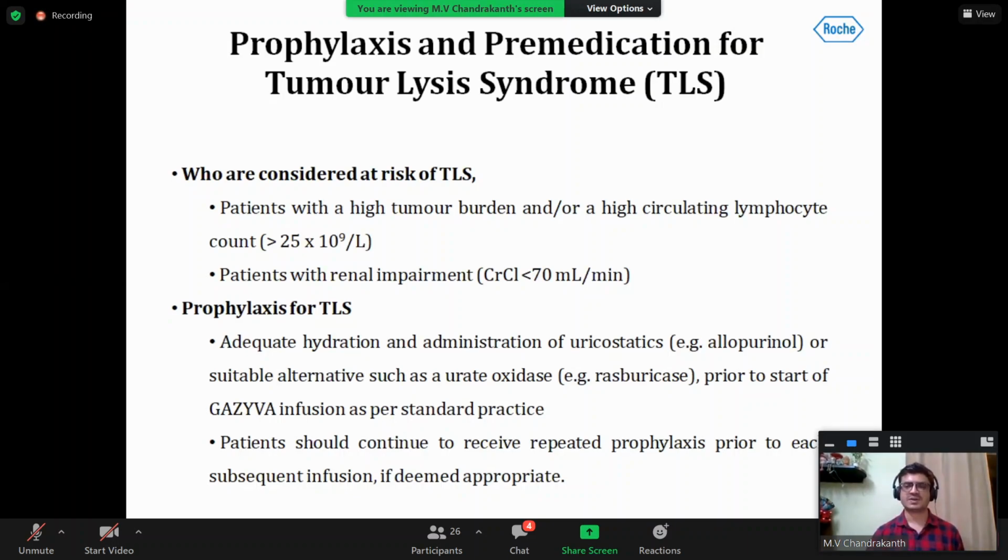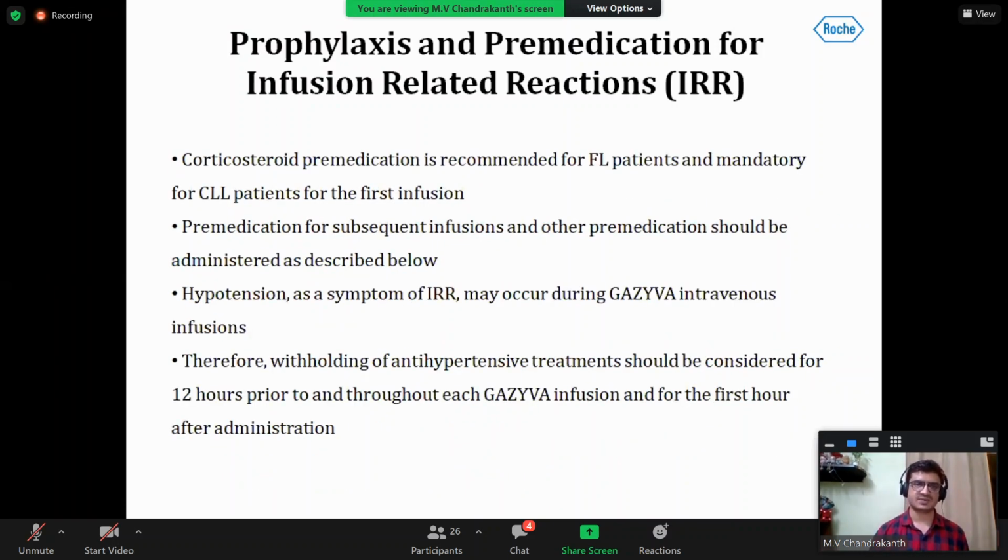A continuous urine outflow, maintaining a proper creatinine clearance, prophylactic use of febuxostat or allopurinol, and rasburicase when clinically indicated. The disease burden, the proliferation rate, and the renal function all matter when you come to tumor lysis syndrome.